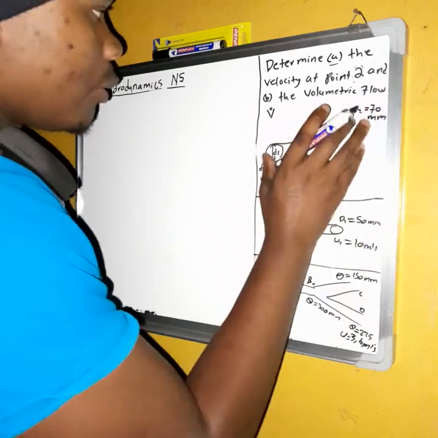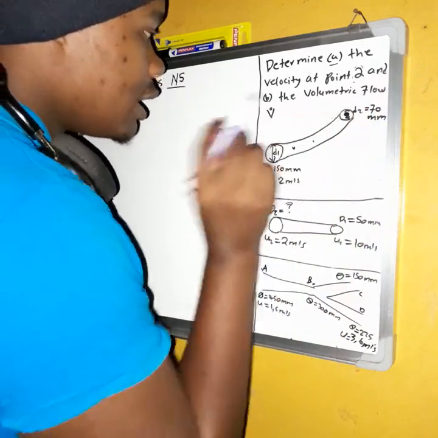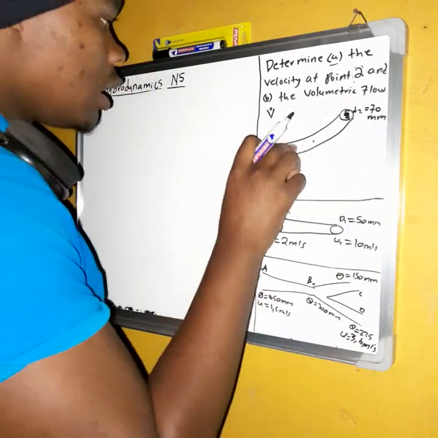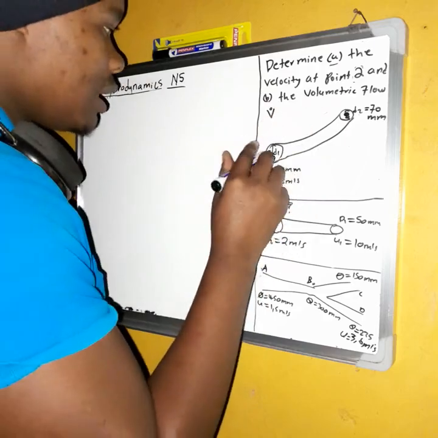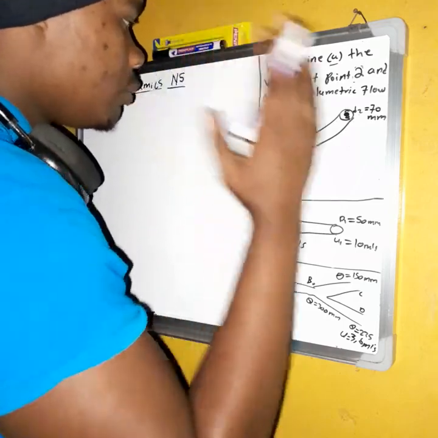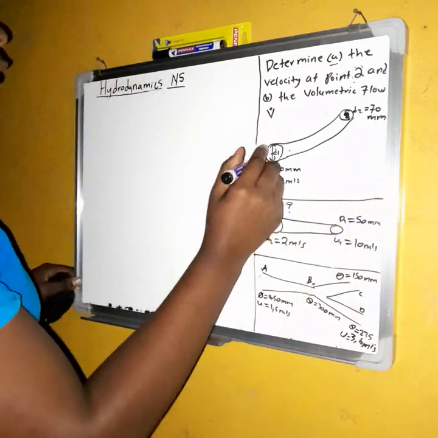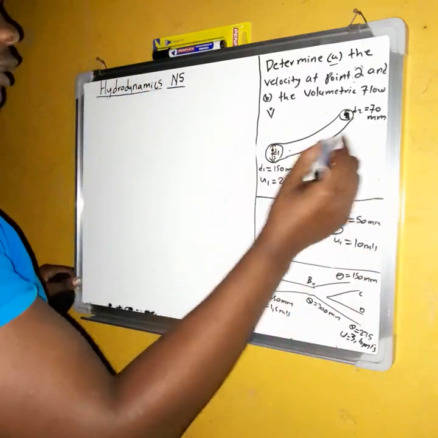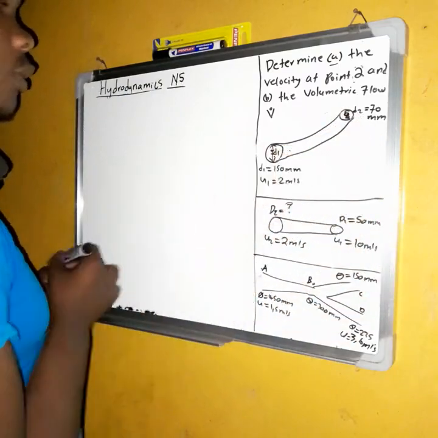Where the pipe ends, from this point to this point, the volumetric flow at point 1 is equal to point 2. Understand? So here we have point 1 and point 2. They want the velocity at point 2.